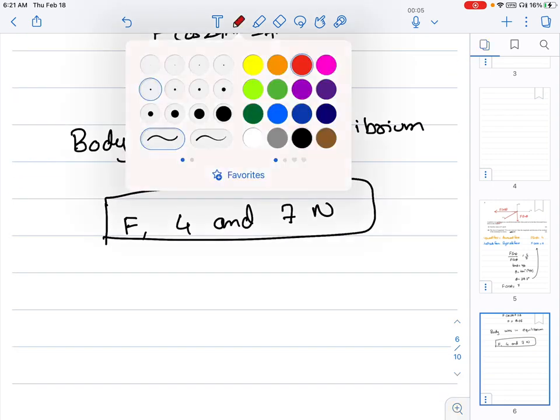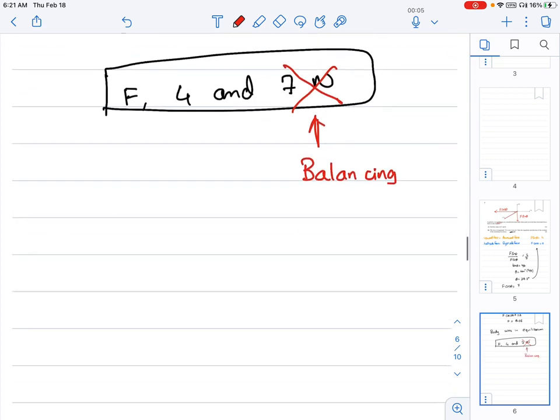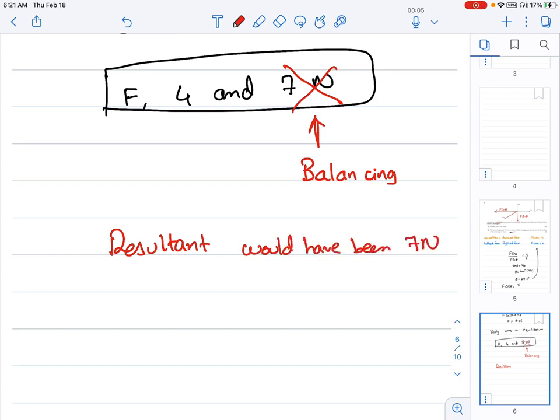Now what's happening is, if this 7 newtons is removed, it means this 7 newtons was doing the balancing act. If 7 newtons was removed, the resultant would have been 7 newtons, and it is maintaining the body in equilibrium.